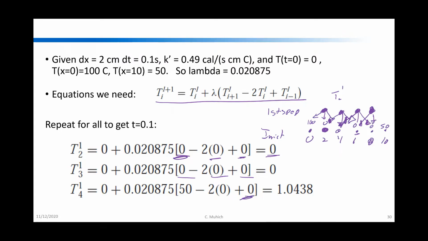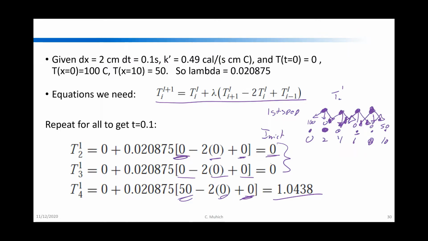I look back to itself, which was 0. And then I look back to the right. In this case, it's 50. Right? I can solve this all out, and I get a new temperature of 1.